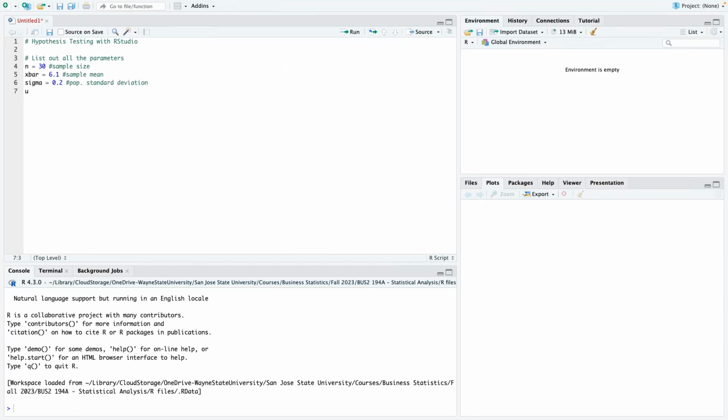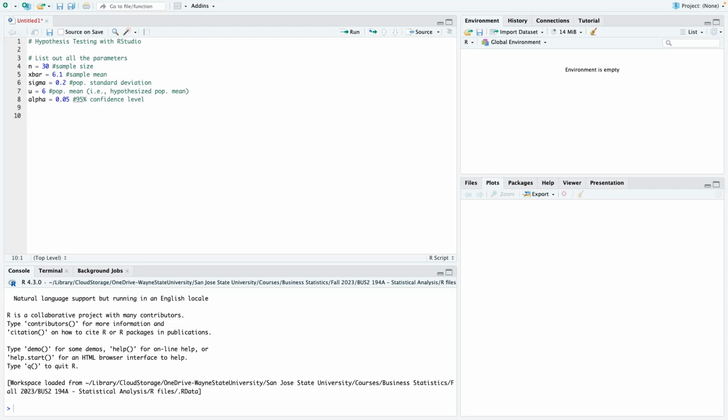And then mu was 6, which is the population mean. We could also refer to it as the hypothesized population mean, so please take note of that. And then finally, our alpha, which is our significance level, was 0.05. So we can say 95% confidence level.